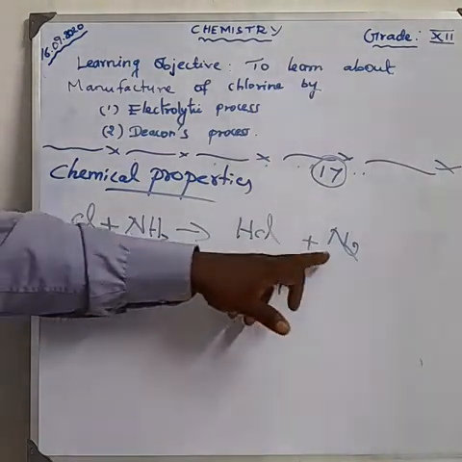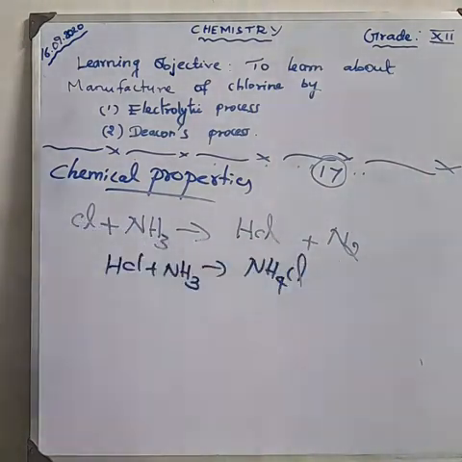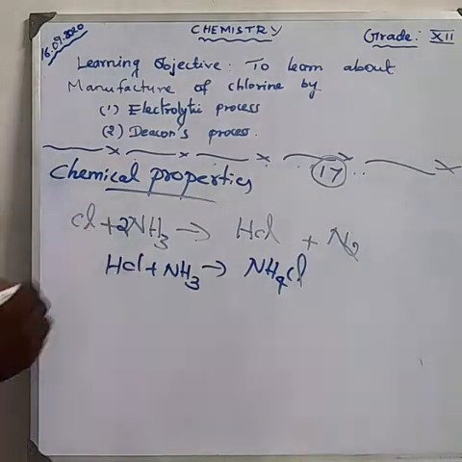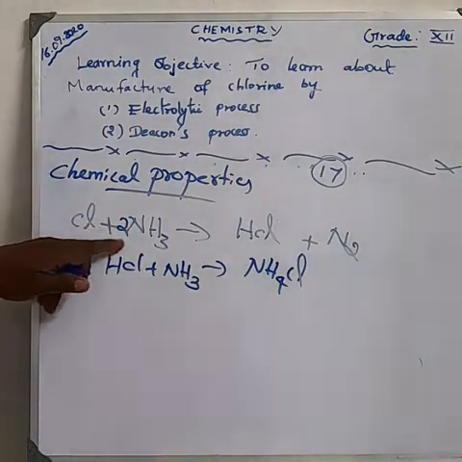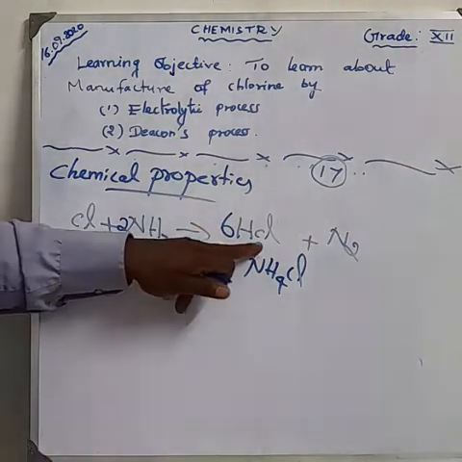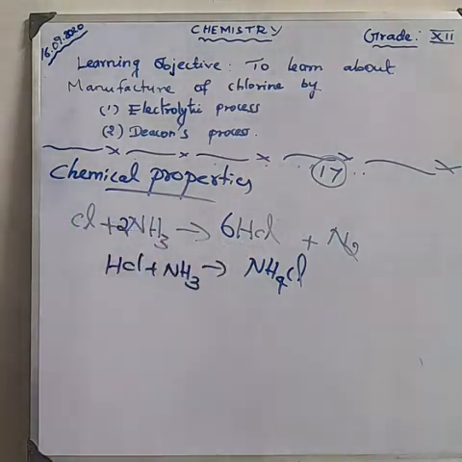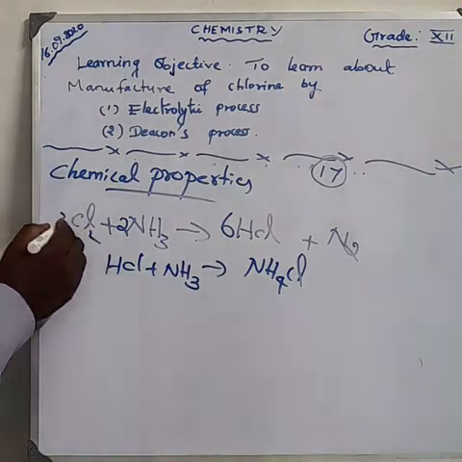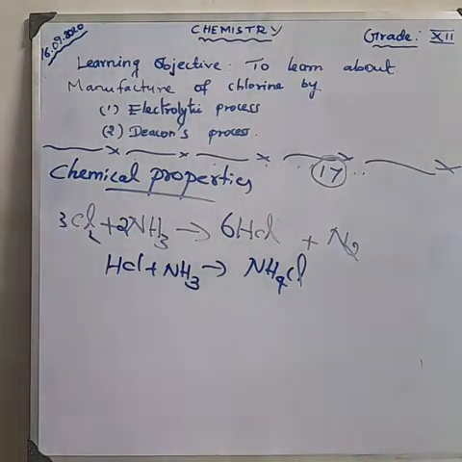How much nitrogen is there? 2 nitrogen. So make it 2 here. How much hydrogen is there? 6 hydrogen. So make it 6 here. How much chlorine is there? 6 chlorine. So we can write 3Cl2. Now the equation is balanced. Am I right?